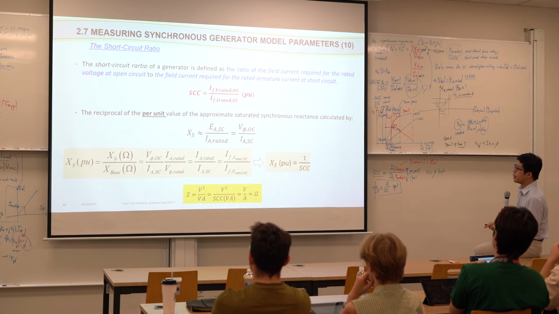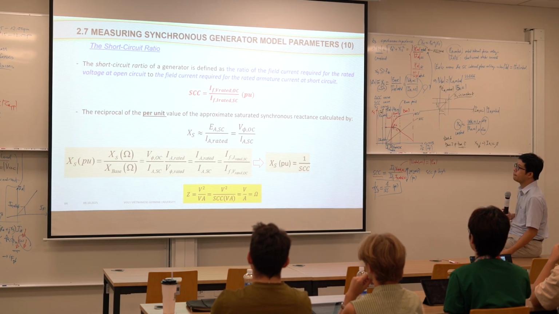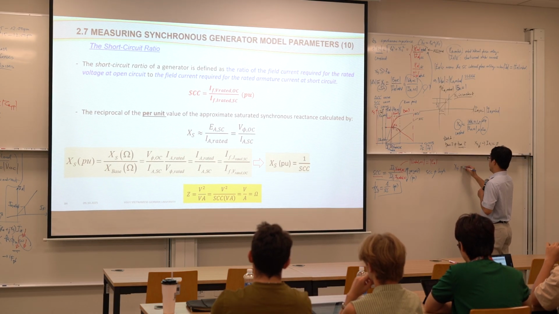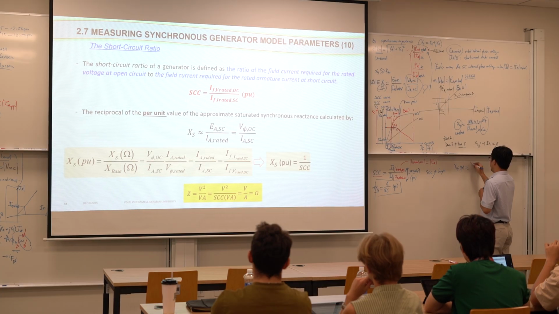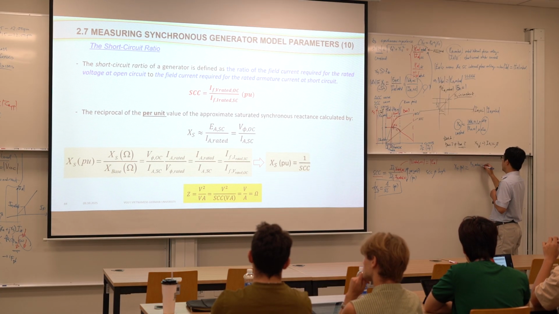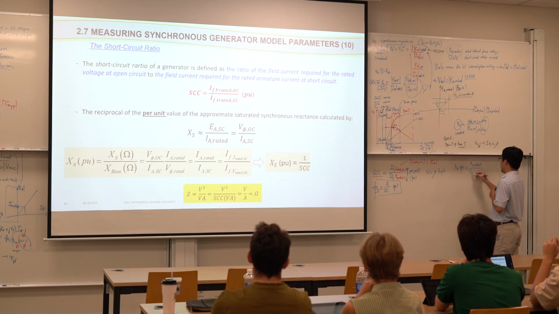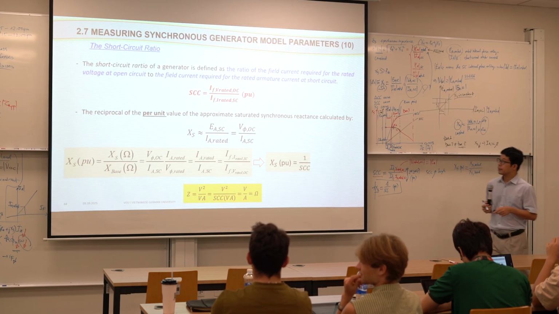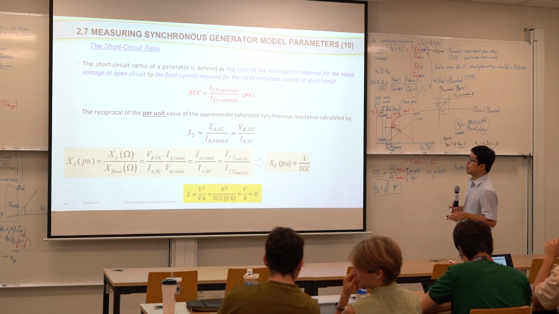Look, this is my explanation. First of all, we need to know XS per unit. XS per unit is XS actual value divided by X base, XS over X base.